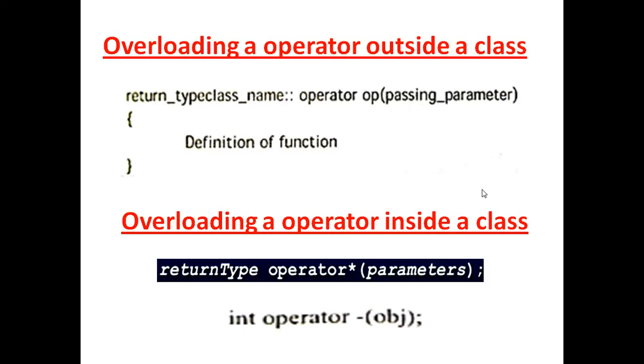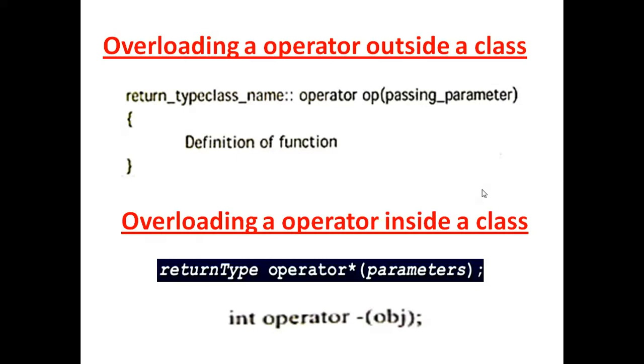The syntax is very simple. The only thing is, if we are declaring the operator overloading outside the class, we have to use scope resolution and write the class name.